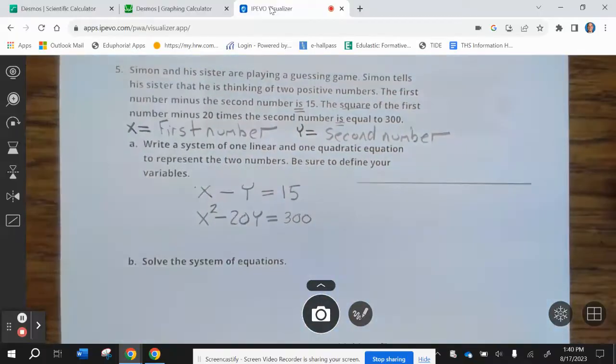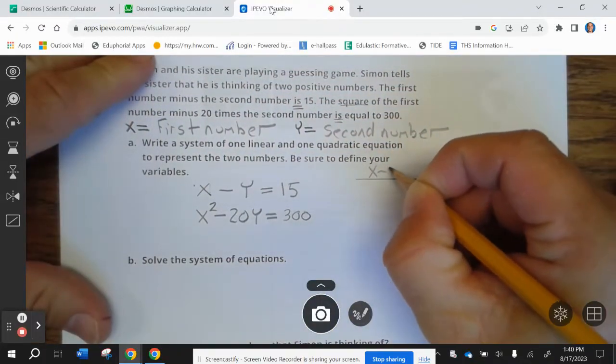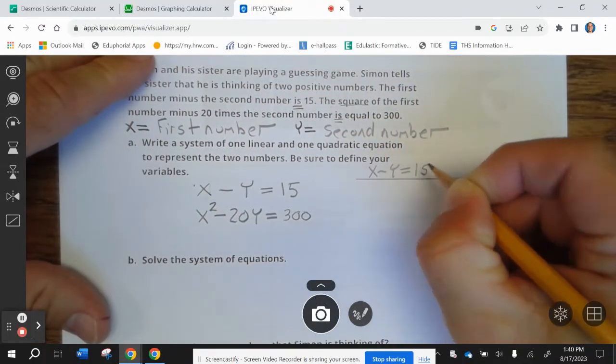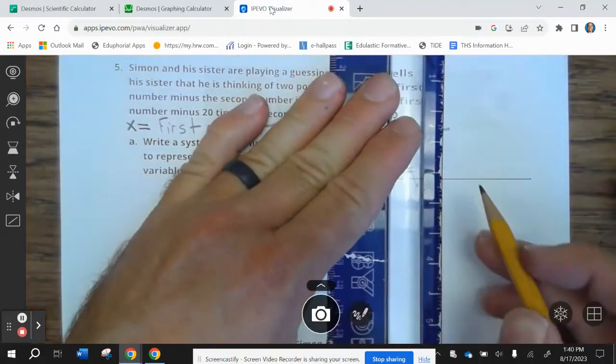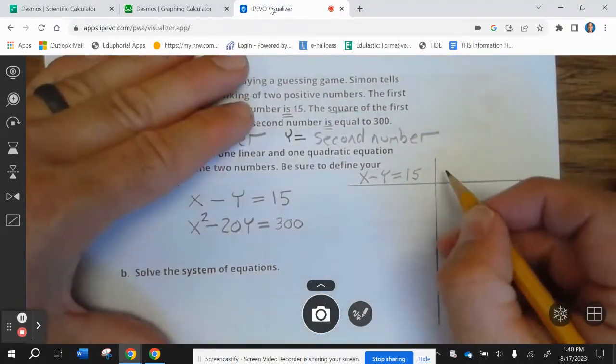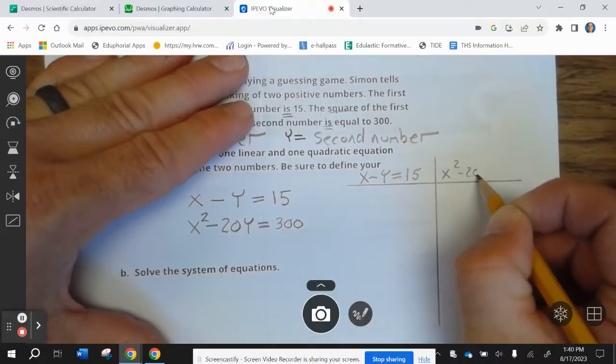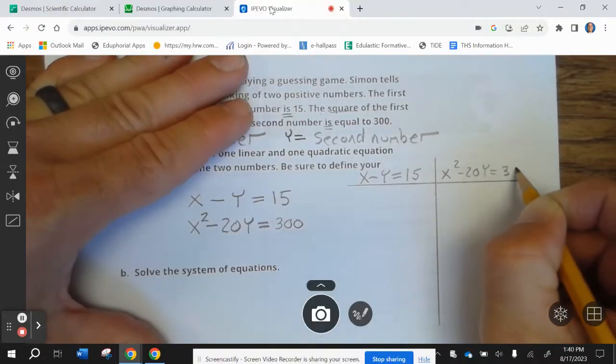All right, so to solve this, we have x minus y equals 15, and x squared minus 20y equals 300.